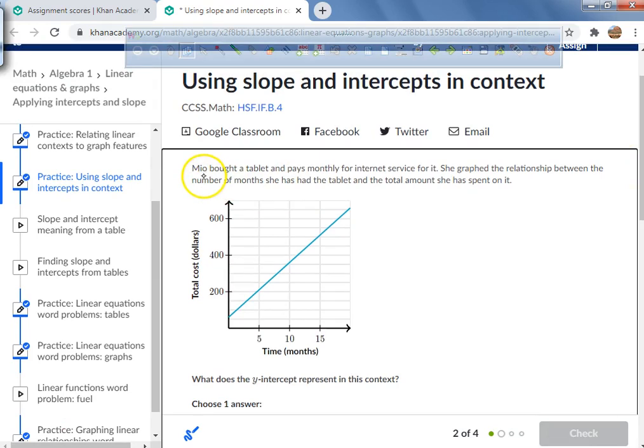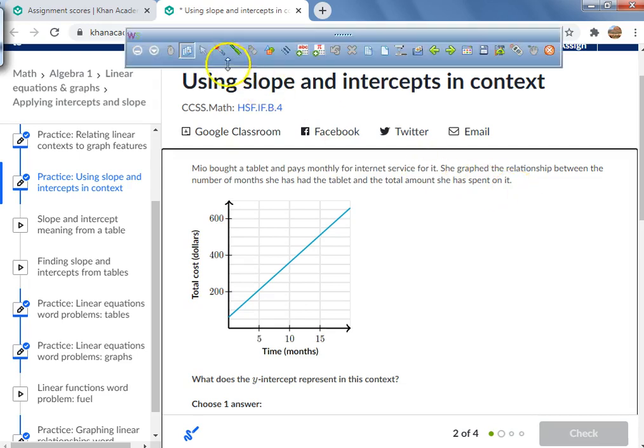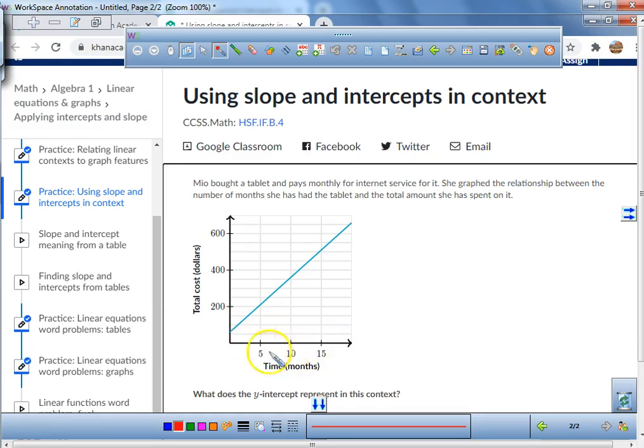Mio apparently is the doppelganger of Mia, but Mio bought a tablet and pays monthly for the internet service. She graphed the relationship between the number of months she had the tablet and the total amount she has spent on it. Right now, our x values represent the time, and the total cost is the money, right?